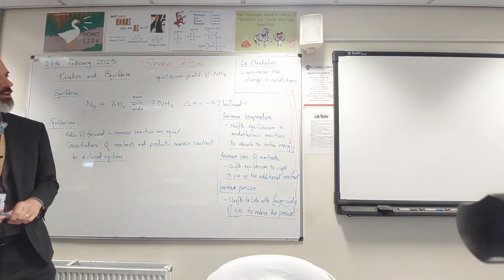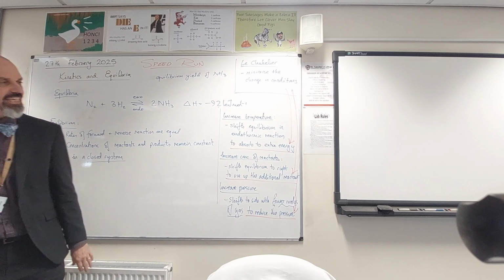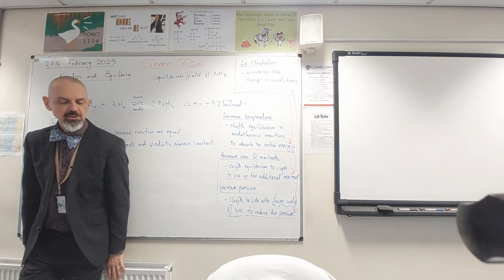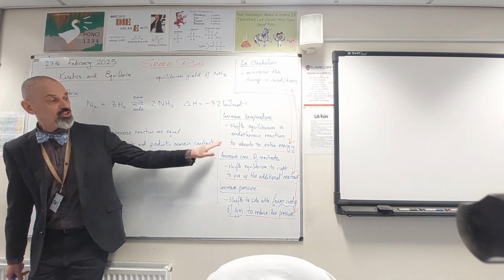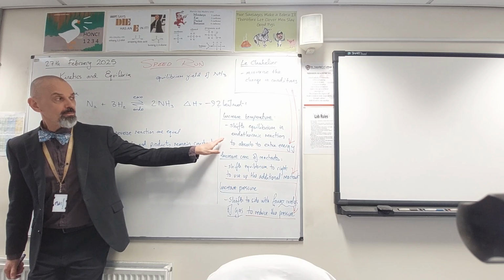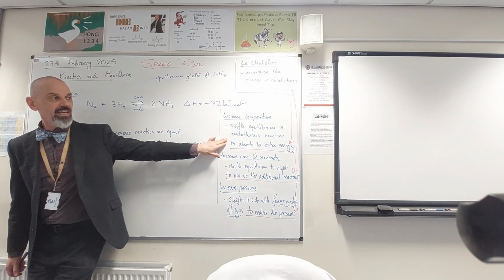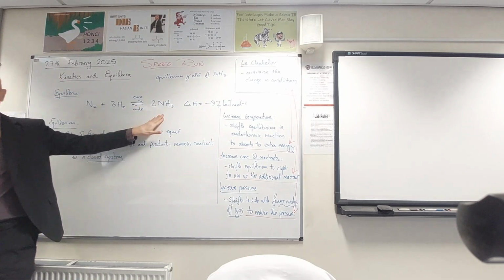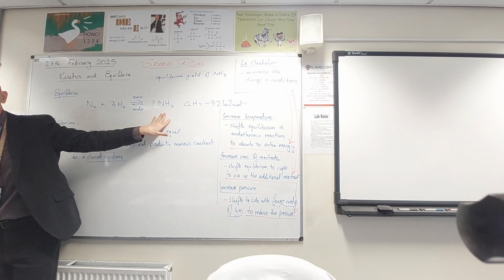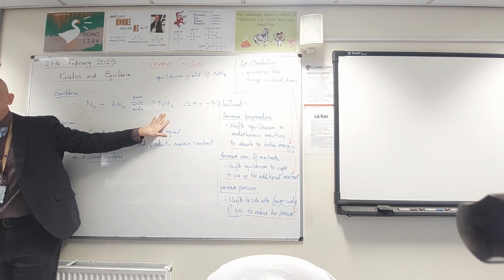Just before we move on, that idea of optimum temperature. If increasing temperature gives us less ammonia, why is the reaction done at 450 degrees? The higher the temperature, the rate of reaction will increase.